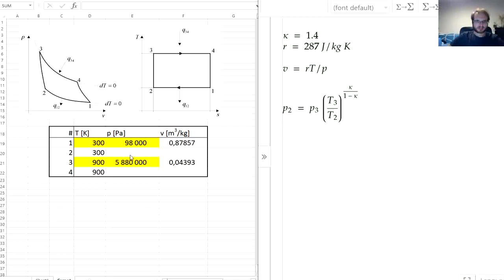So that's the pressure at point 2, and very similarly we can obtain the pressure at point 4 from the pressure at point 1. So basically we can just change the respective values here. P4 is P1 times T1 over T4, raised to the same power.